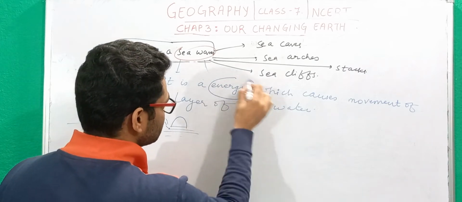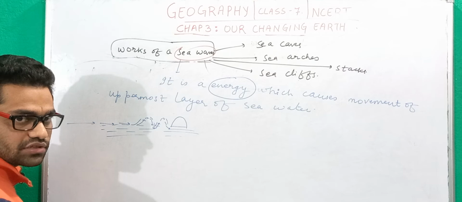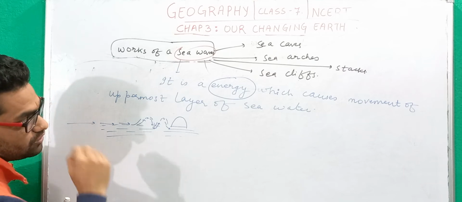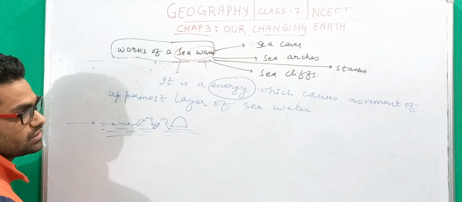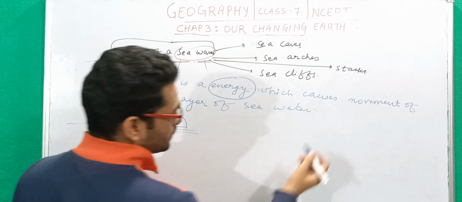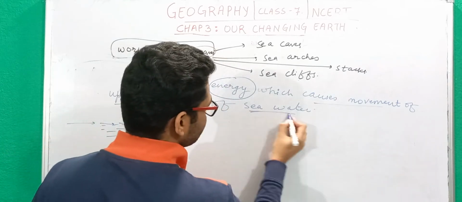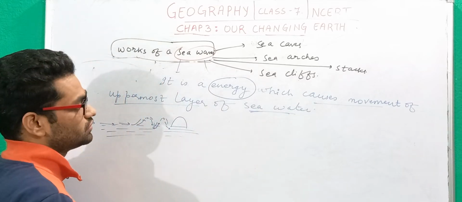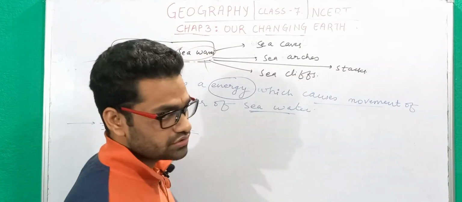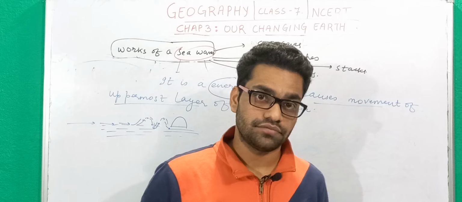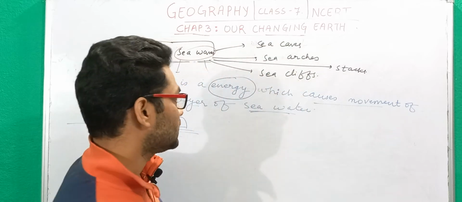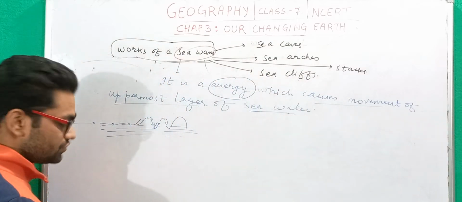Now I am calling it energy, so whenever there is energy, it will always cause erosional activity. It causes movement of the uppermost layer or the surface of the seawater. So whenever we come across energy, it will certainly cause erosional activity. So there are four types of erosional activities that we have to see.